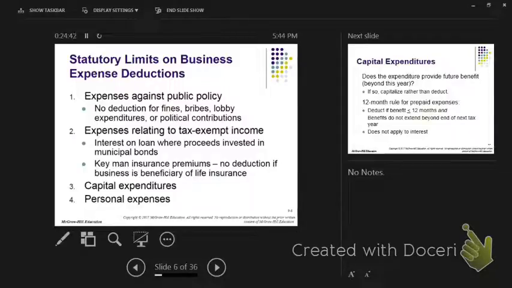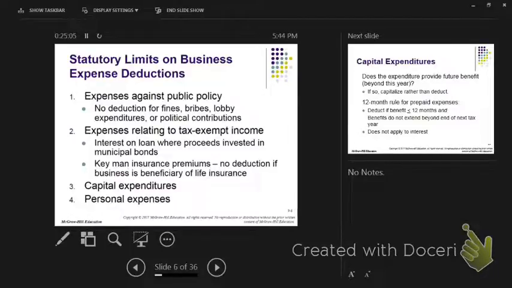A lot of times when you do taxes, people bring in political contributions and think they can deduct them. That's a political contribution, not a charitable contribution. They're not even close to the same thing. Anything against public policy is not an expense.